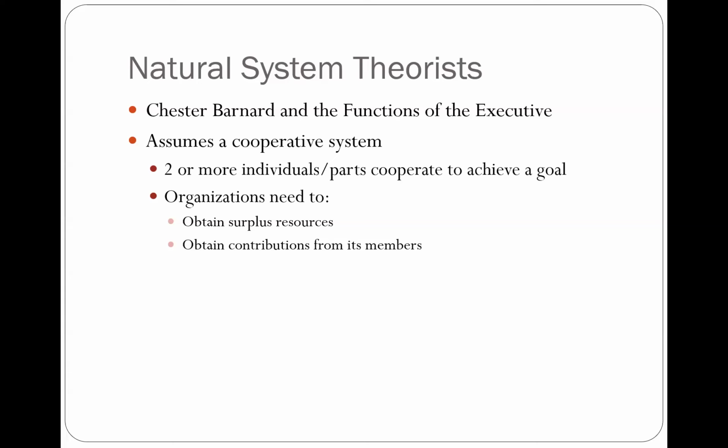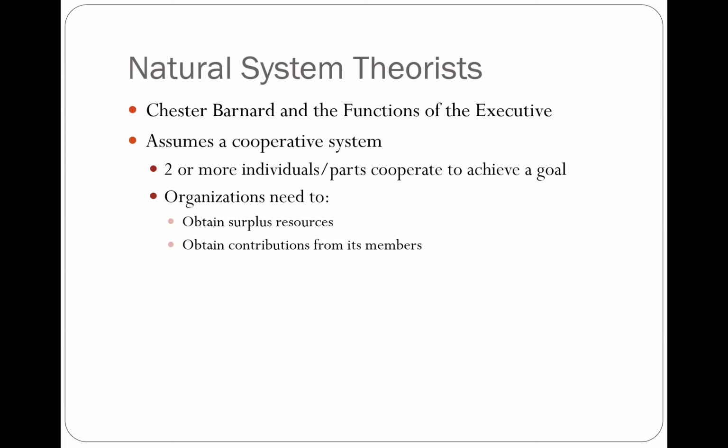So Barnard tells us what we need to do is cooperate with our employees, provide them with the right incentives to provide contributions to the organization to help the organization achieve its goals and objectives. So it's very much the transactional type of cooperative relationship within our organizations. And that is what he is most focused on in terms of studying organizations.